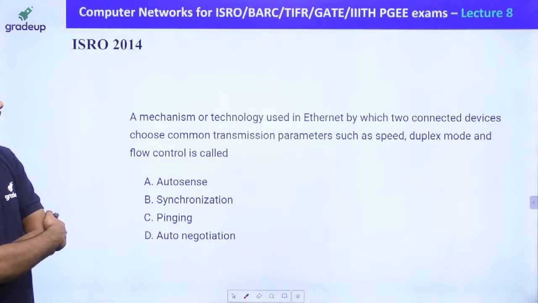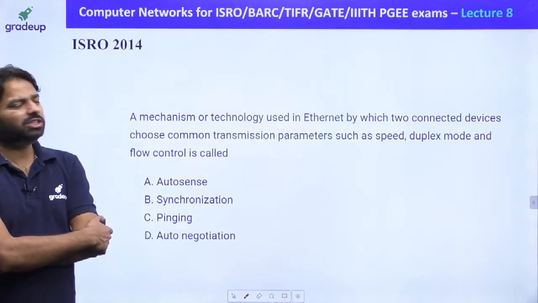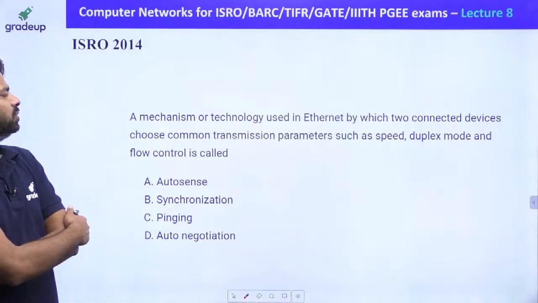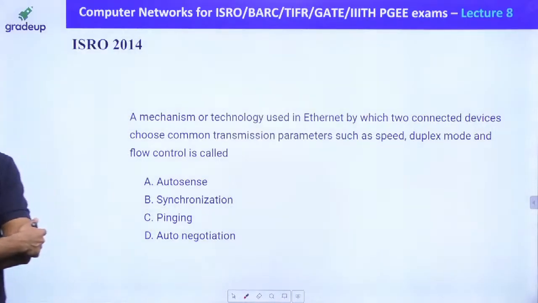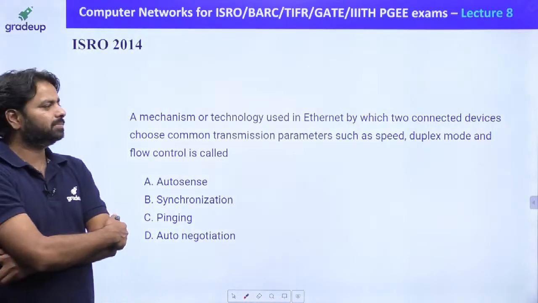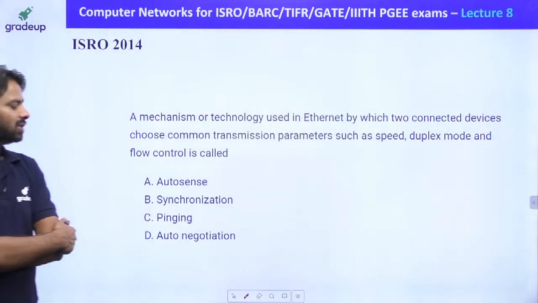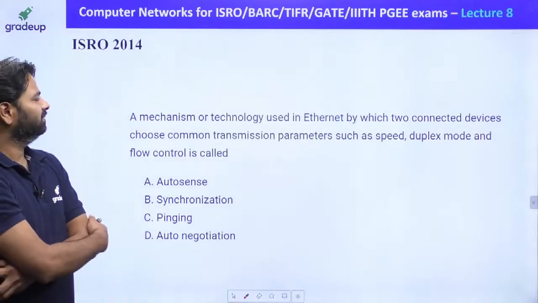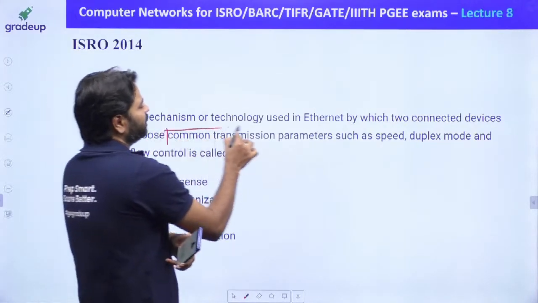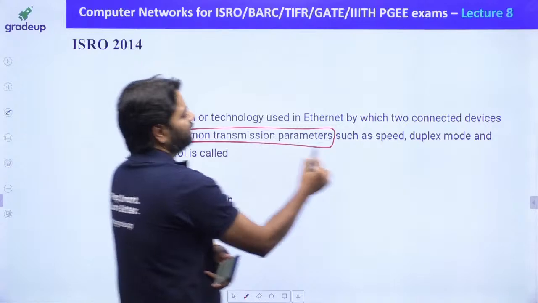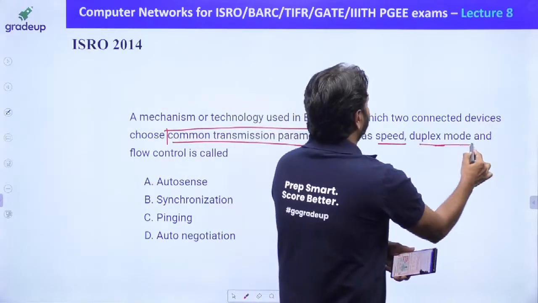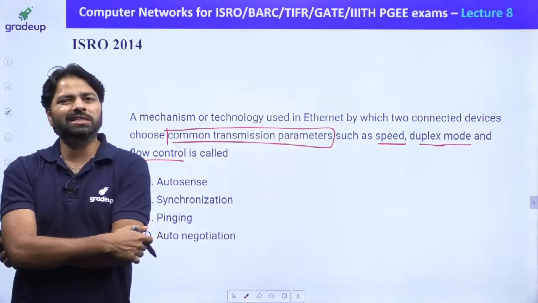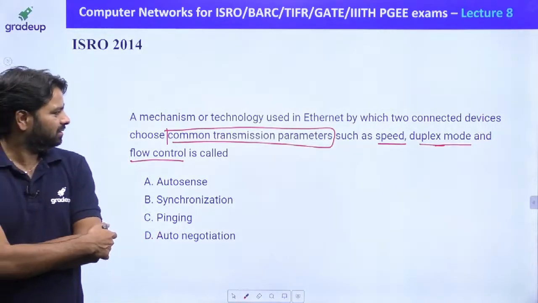A mechanism or technology used in Ethernet by which two connected devices choose common transmission parameters such as speed, duplex mode and flow control is called what?